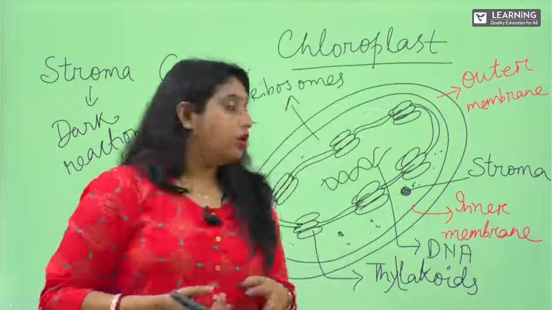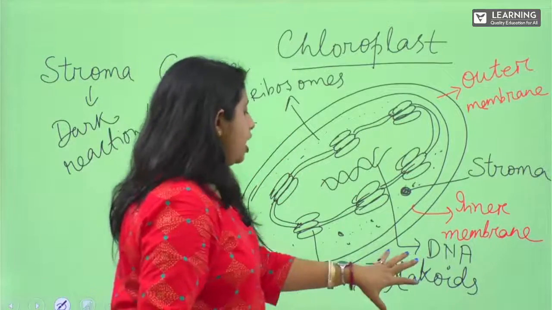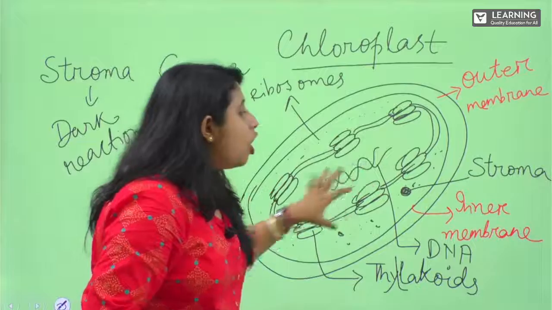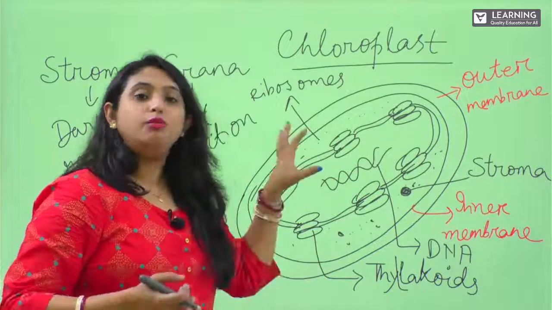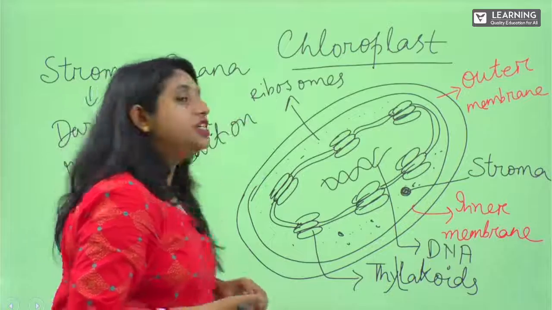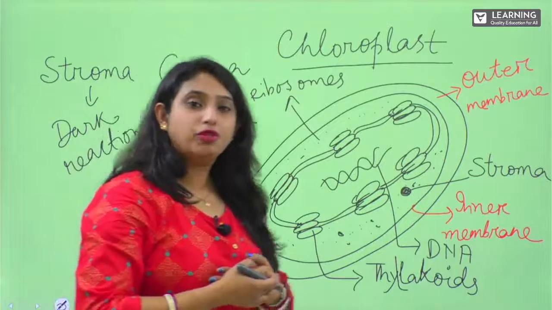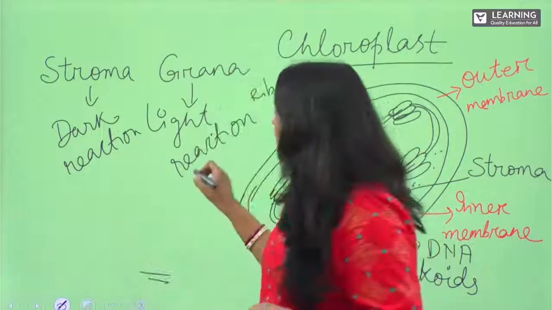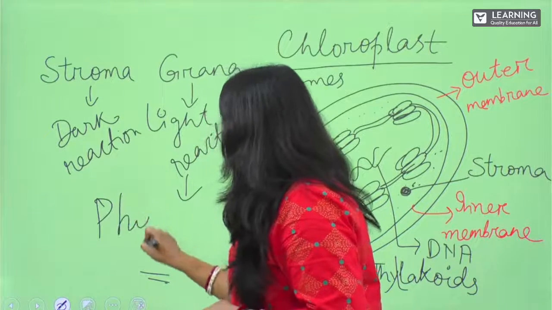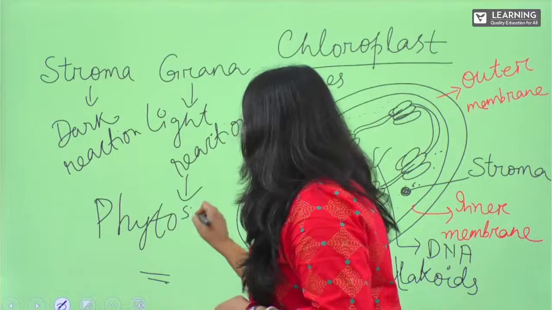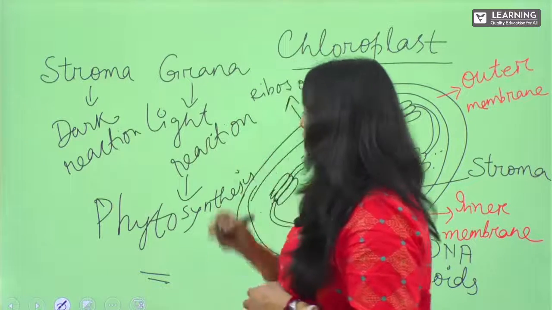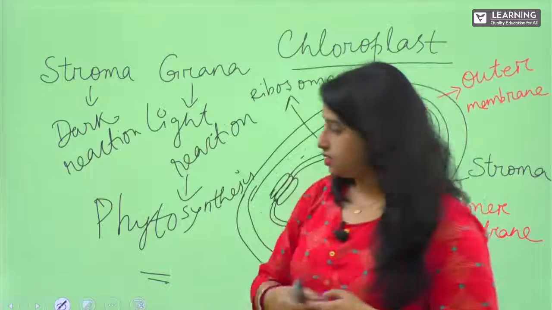Alright. So they have got DNA, thylakoids, then stroma, and this is a ribosome. All these things are present in the inner membrane of the chloroplast. This grana helps in light reaction, that is during the process of photosynthesis. It helps in the preparation of food, right? So it helps in photosynthesis.